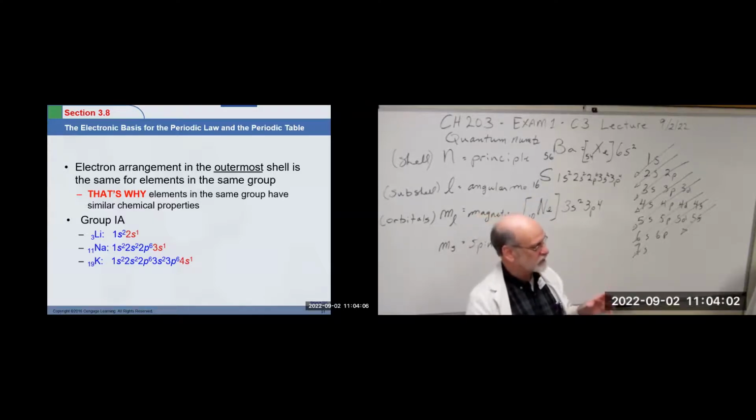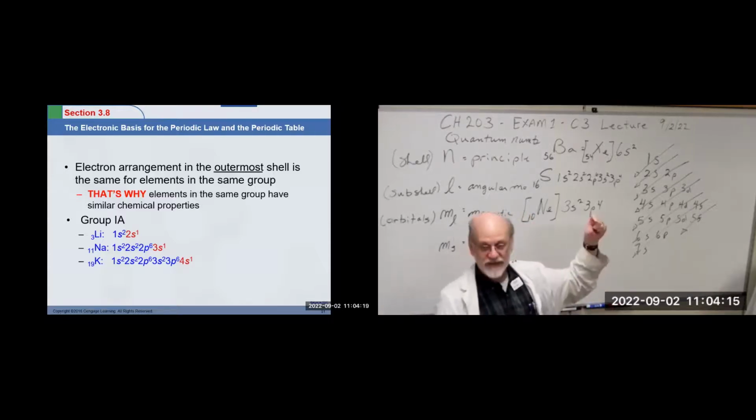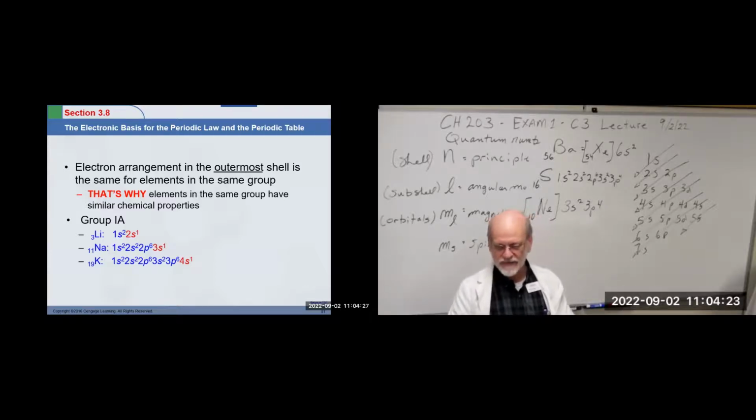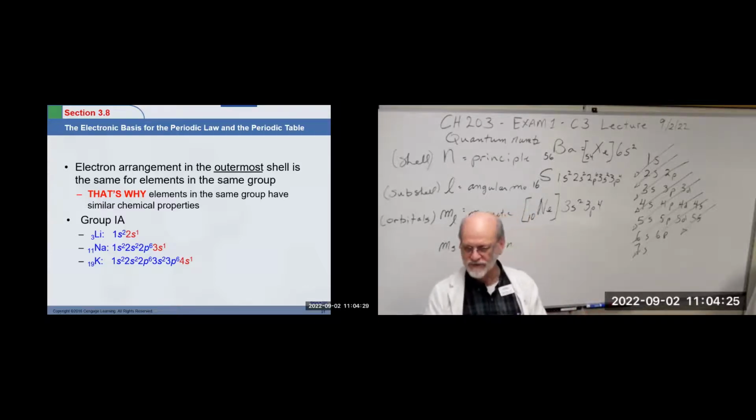And that works pretty good for the second and the third periods because you don't have the transition metals in between to mess things up. Of course, hydrogen and helium are off by themselves. If there's anything that they obey, it's the Duet Rule.